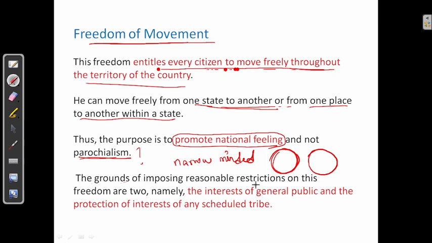Next, the grounds of imposing reasonable restrictions on this freedom are two: the interest of the general public, and the protection of the interest of any scheduled tribe.